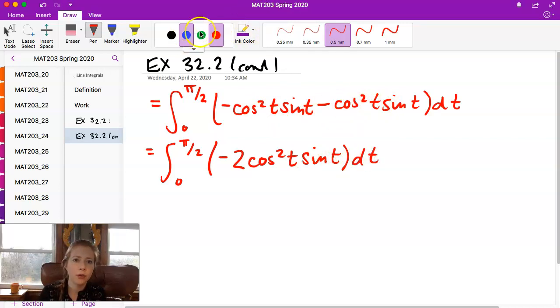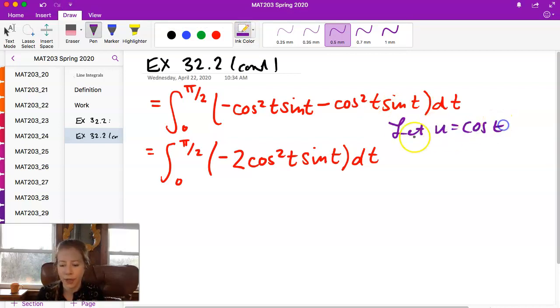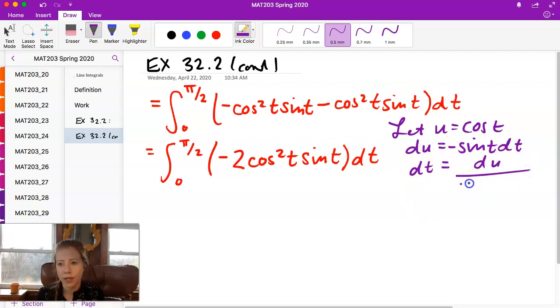All right, so now in order to evaluate this, let's do a u sub. So let's let u be cosine t, and so du is going to be minus sine t dt. And dt then, if we solve for it, is going to be du over minus sine t.